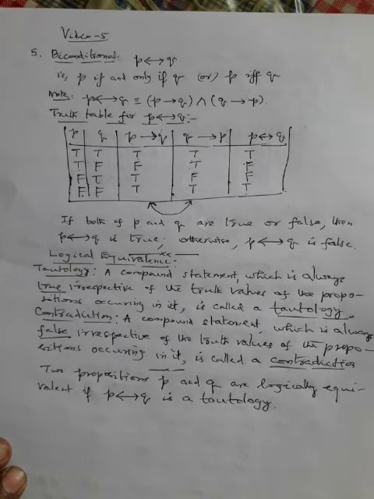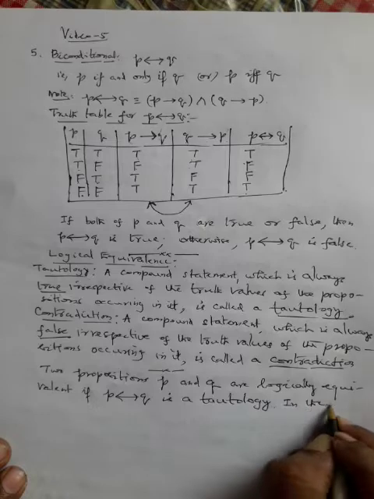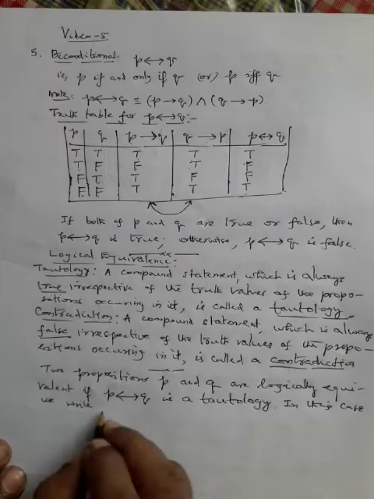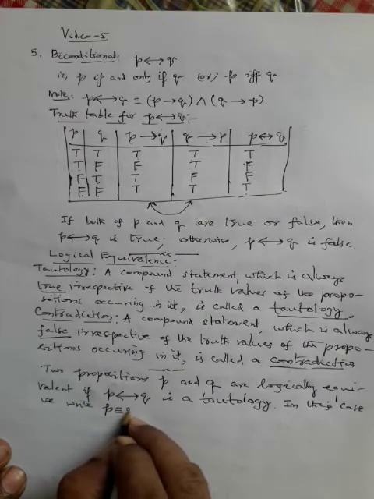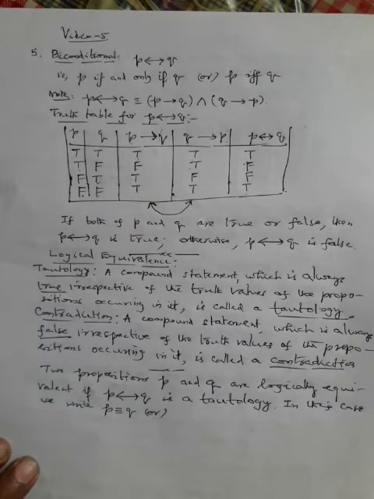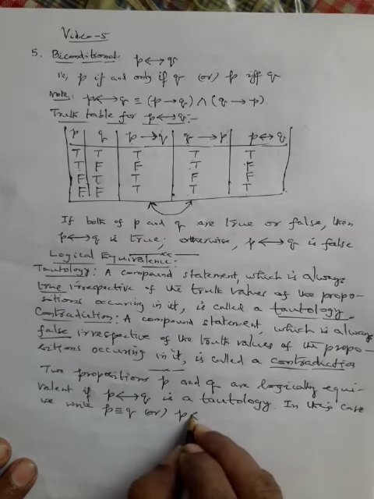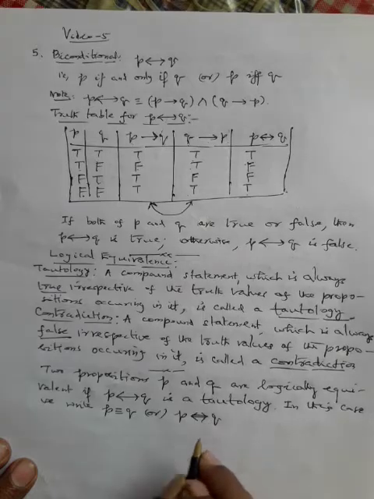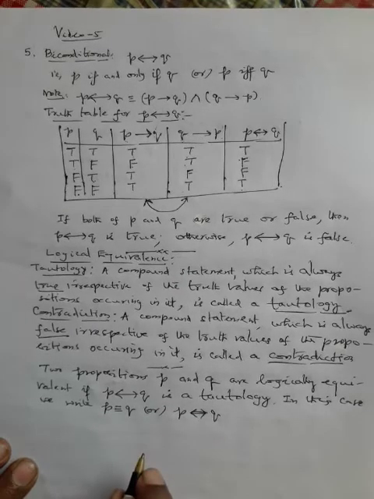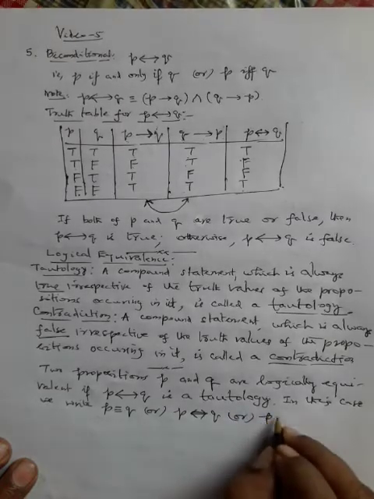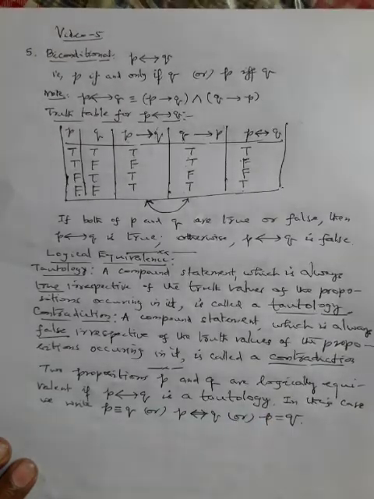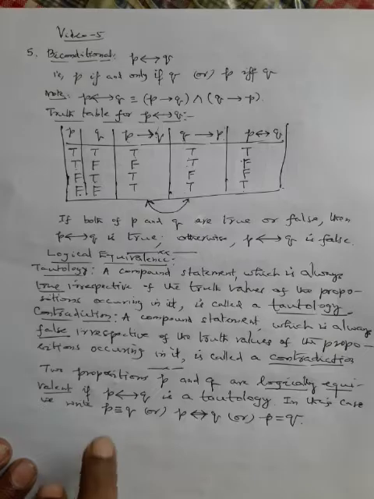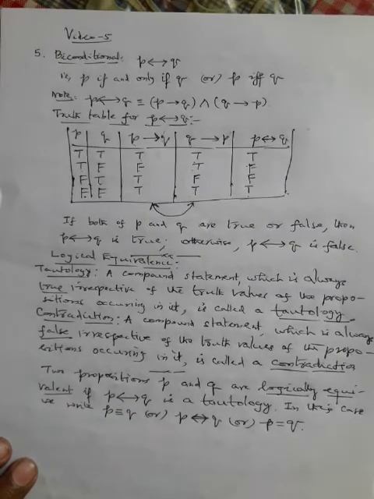In this case we write P is logically equivalent to Q, using this symbol, P implies Q and Q implies P. That is, P and Q are logically equivalent, or sometimes we also write P equal to Q. So two propositions are logically equivalent if the biconditional statement is a tautology.